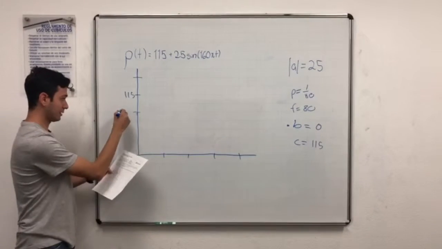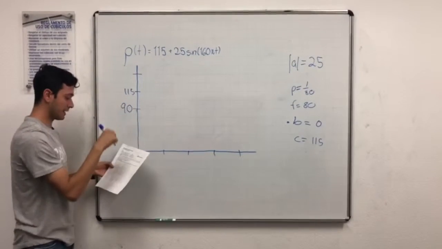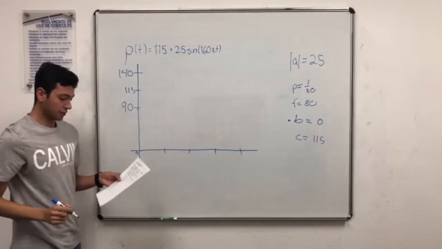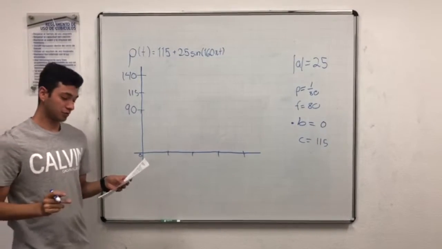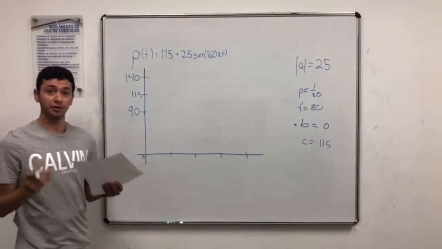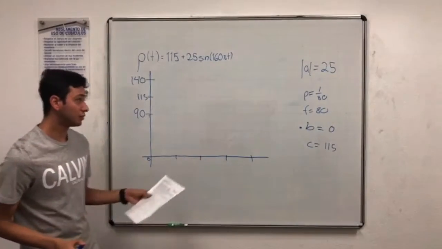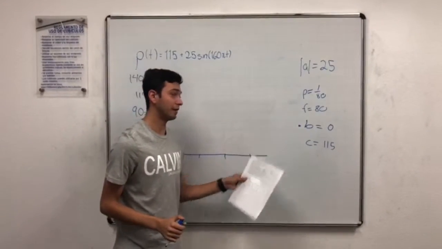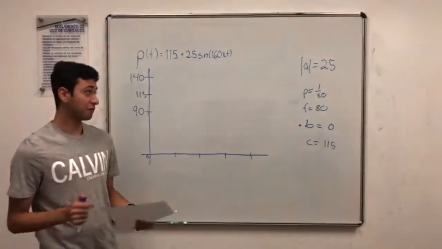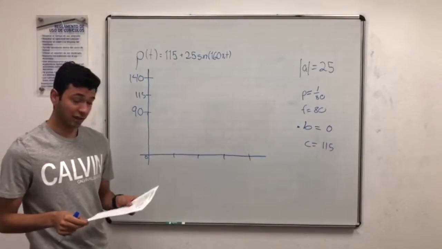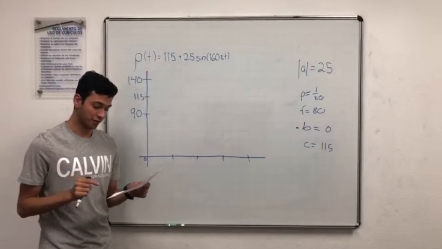This will be like this: 90 down and 140 up. So now we need to divide our period by 4 because we are going to start graphing, and we know that our period is 1/80. So if we divide that by 4, it will equal 1/320.